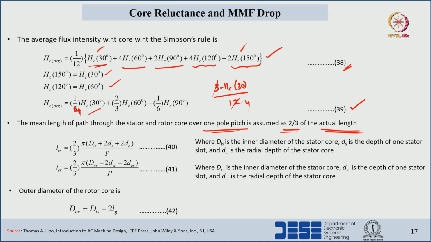These two terms come from calculating the mean length of a core with respect to the midpoint of the back iron. Here dc is the back iron depth, ds is the slot depth, and Dis is the inner diameter of the stator.